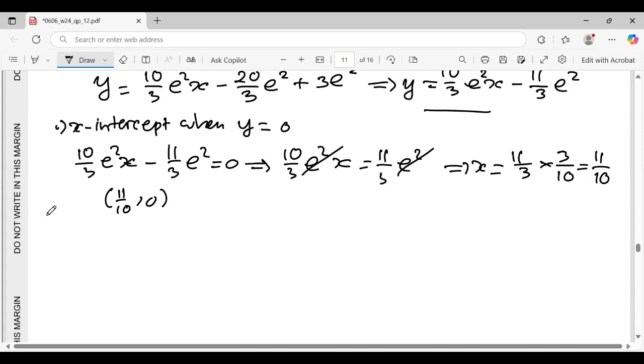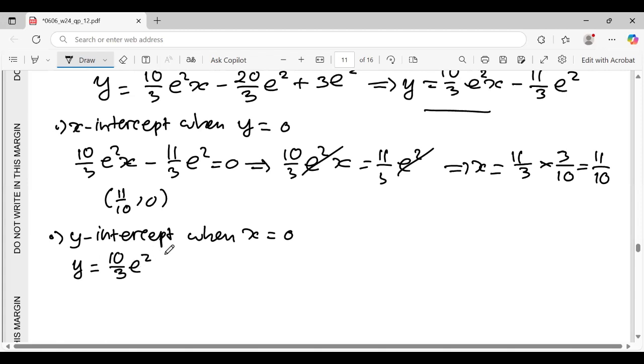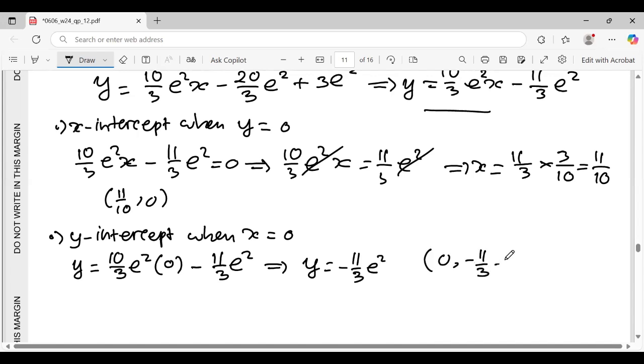And after that, we're going to find the y-intercept. The y-intercept is when x equals 0. Set x equals 0. When x equals 0, y equals 10 thirds e squared times 0 minus 11 thirds e squared. So y equals minus 11 thirds e squared. So the coordinate point is (0, minus 11 thirds e squared).